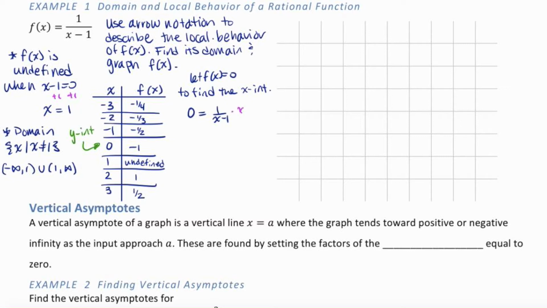We could multiply both sides by x minus 1. That would cancel out our numerator and denominator, but what are you left with? Does this make sense? It doesn't. This tells me that there is definitely no x-intercept.